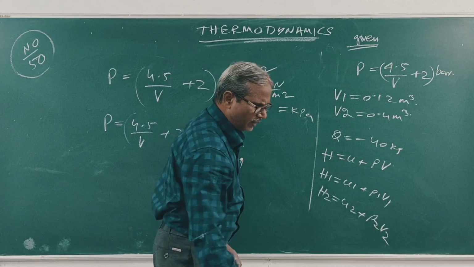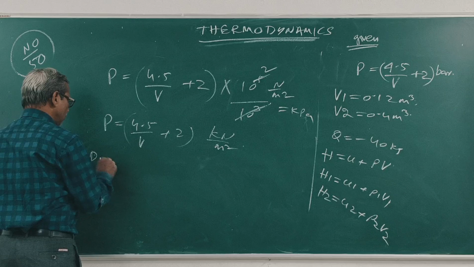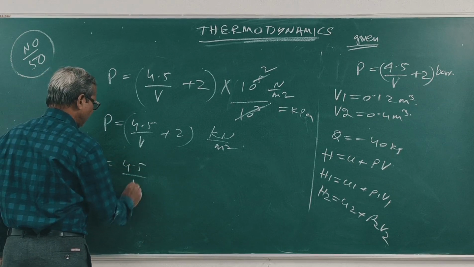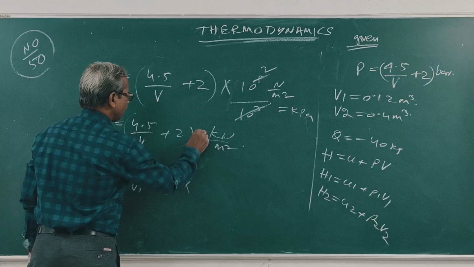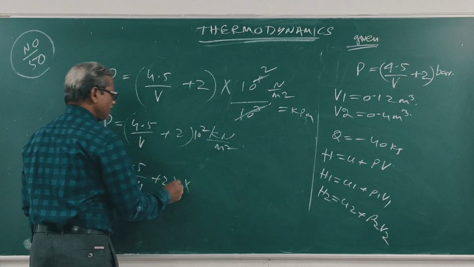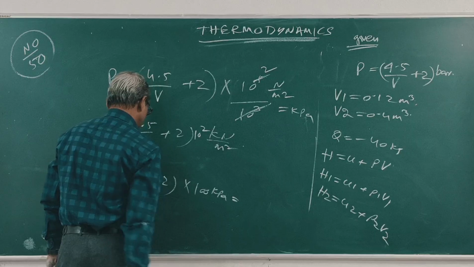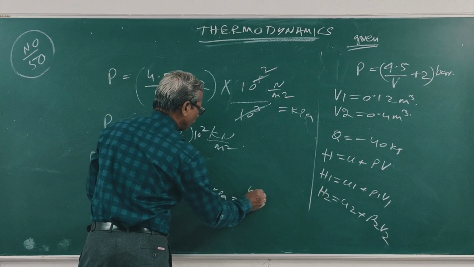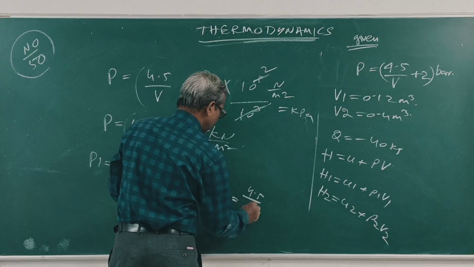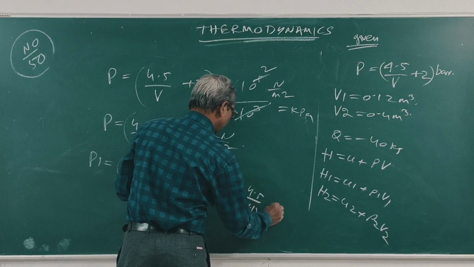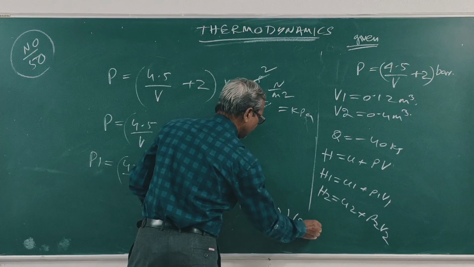What is P1? At V1, P1 is equal to (4.5 by V1 plus 2) into 100 kilopascal. This is 4.5 by 0.12 plus 2, into 100 kilonewton per meter square.